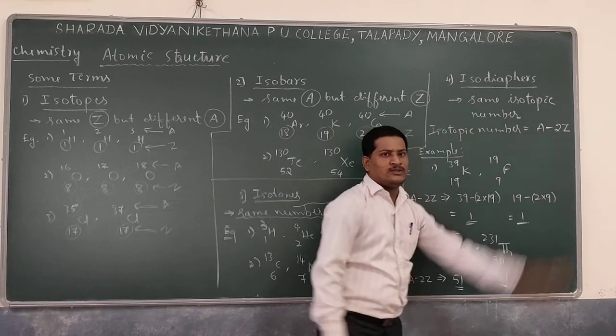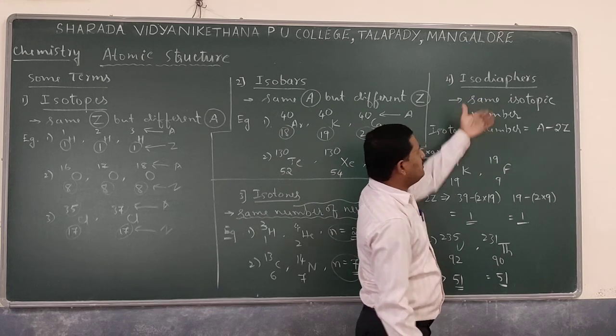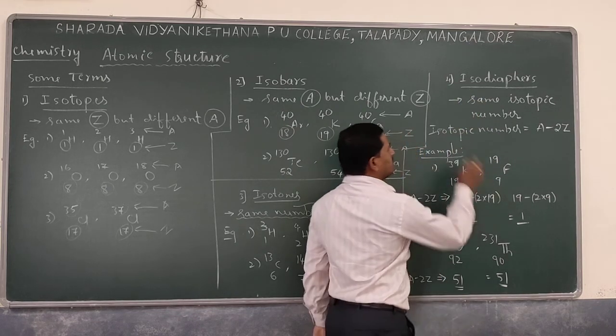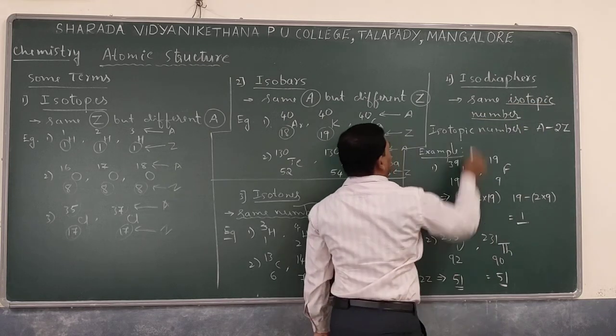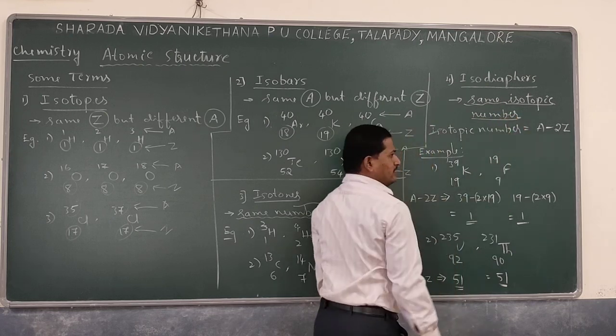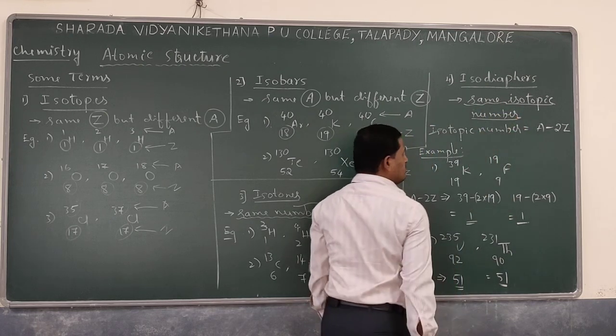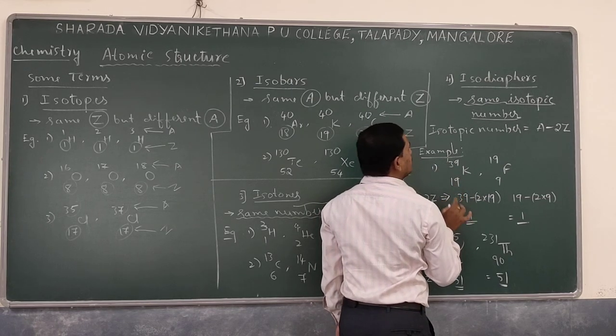Let us see isodiaphers. To find out isodiaphers, the isotopic number has to be calculated. If a set of species has the same isotopic number, then such a pair of species is called isodiaphers.